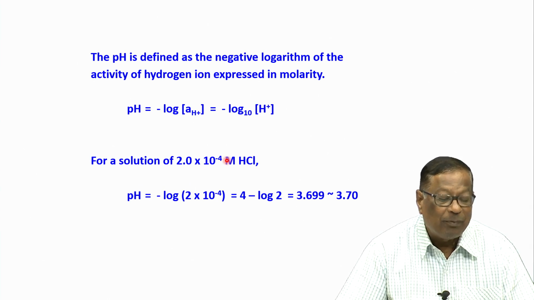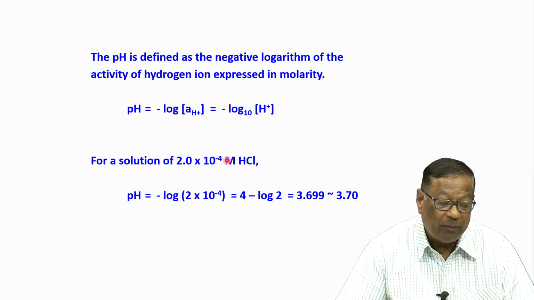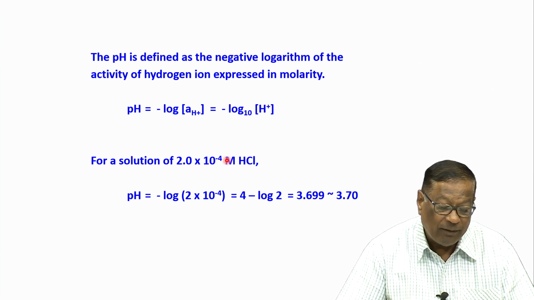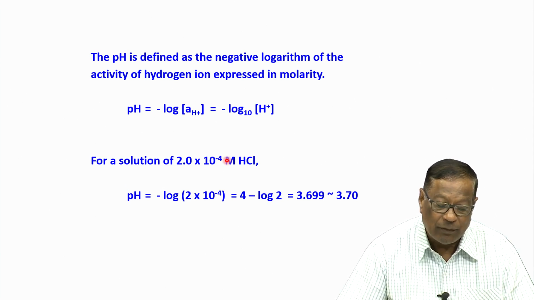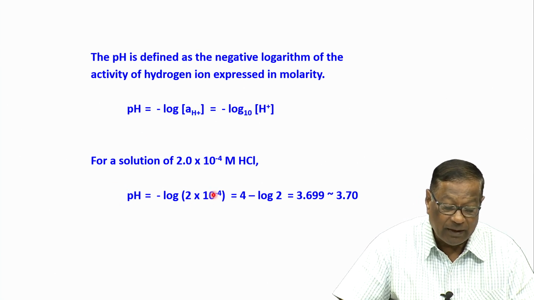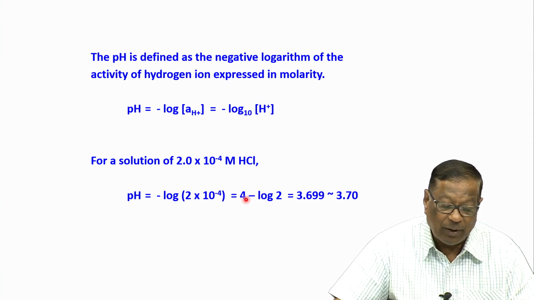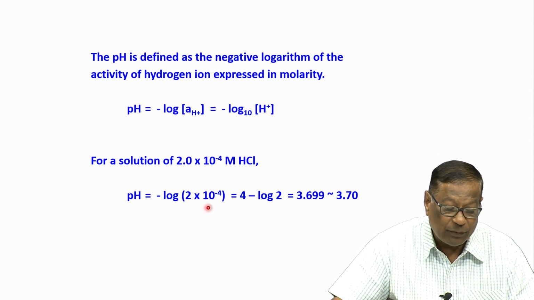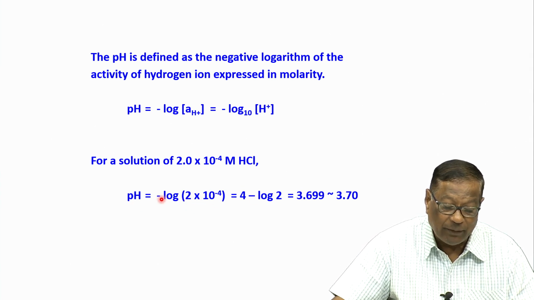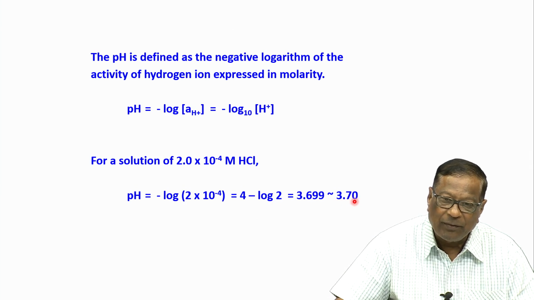Very simple, apply this equation, write pH is equal to negative log of, instead of aH+, write 2 × 10^-4, and then solve this equation. This is minus 4 will become 4, minus log 2, okay, negative is there. So, log 2, that will give me 3.699 and that is pH is 3.70.